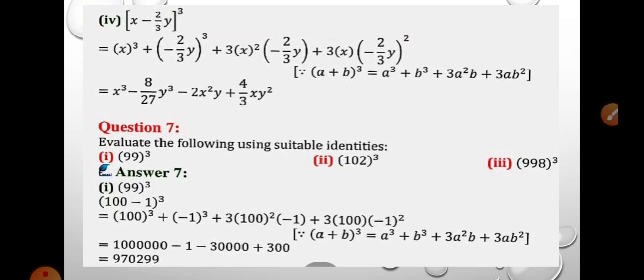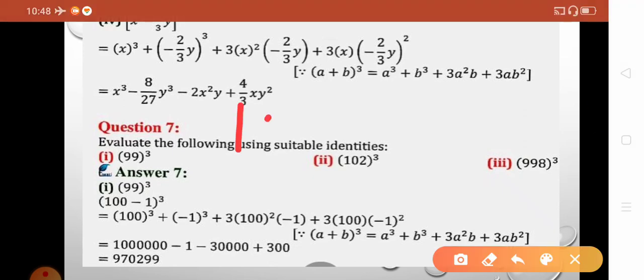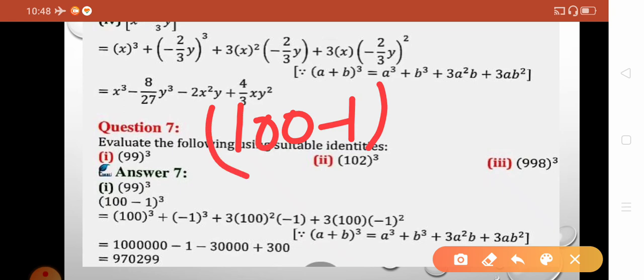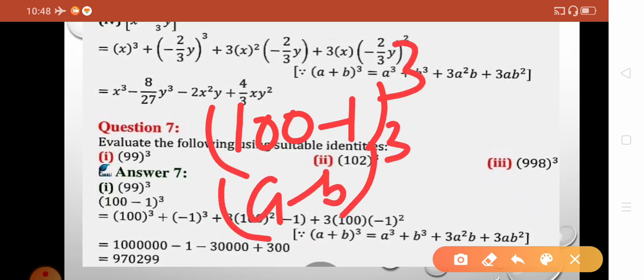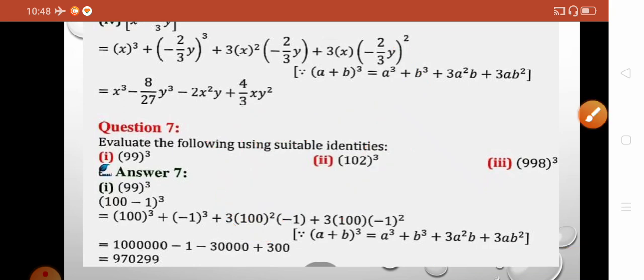Seventh question: evaluate the following using suitable identities. You are given 99, so we can write it as 100 minus 1 whole cube, that means a minus b whole cube. And you have the formula: a minus b whole cube is a cube minus b cube minus 3a square b plus 3ab square. Put the values here and you will get your answer.